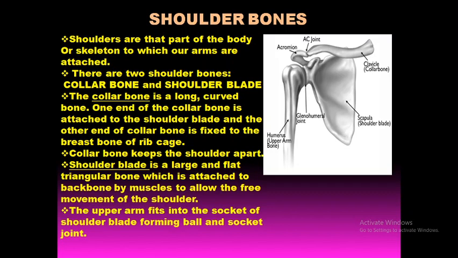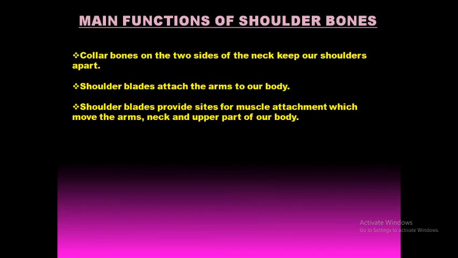When we study about the joints, we will be very clear about what is a ball and socket joint. As of now just listen to this, that the upper arms fit into the shoulder blade forming a ball and socket joint. So that is the function of this shoulder bone.